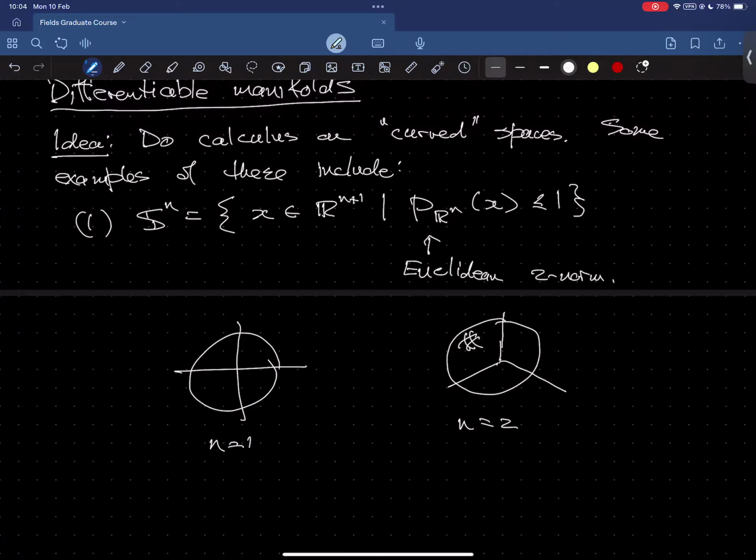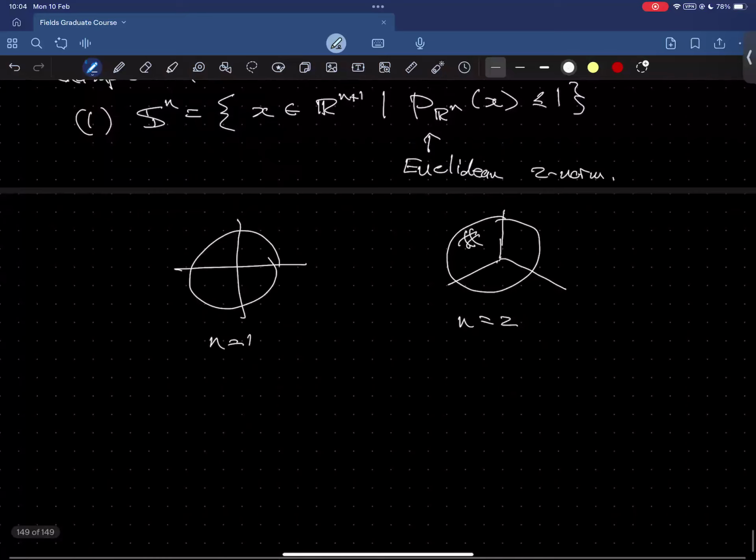And I'll leave it to you to try to visualize higher dimensional spheres. So spheres are a nice example of a curved object. Okay. Here's another one.